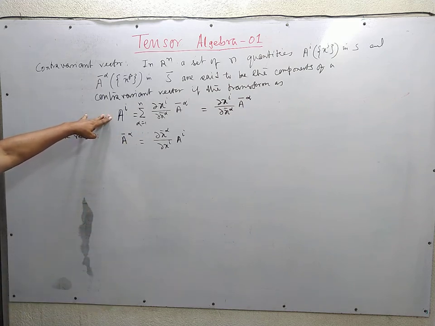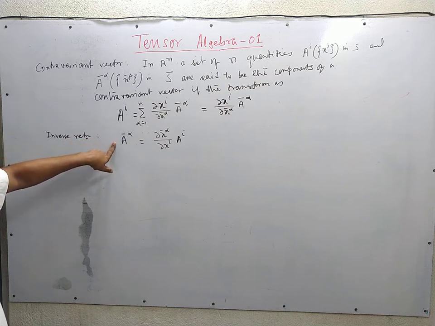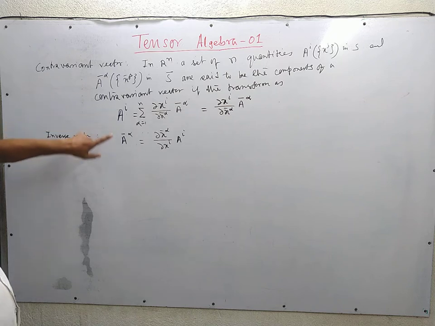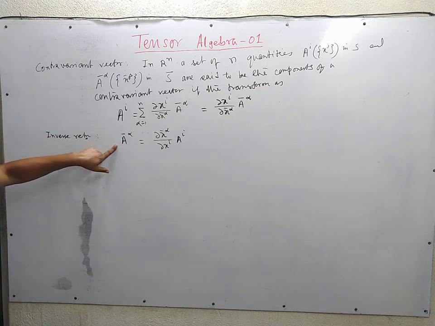If we are dealing with a four-dimensional space, then a^i has four values, a bar also has four values. And in general, in an n-dimensional space, these have n values as well.